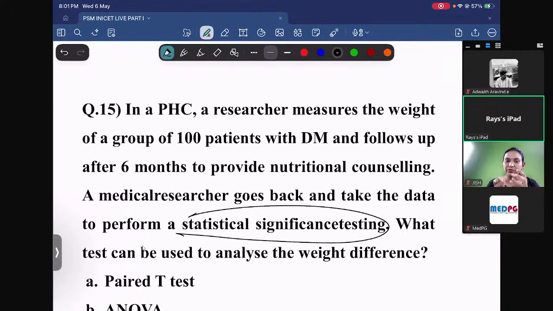And so whatever inference I'm making, whatever statistical things I get, whatever association I get, I need to see whether it is statistically significant or not. We told about p-value. So whether the association I got is just due to random chance or is it really there? For that, I need something. That is my statistical tools, or for that I have certain test which is called the TOS or test of significance. So according to the situation, you have to apply some test and your statistical program will do the test for you.